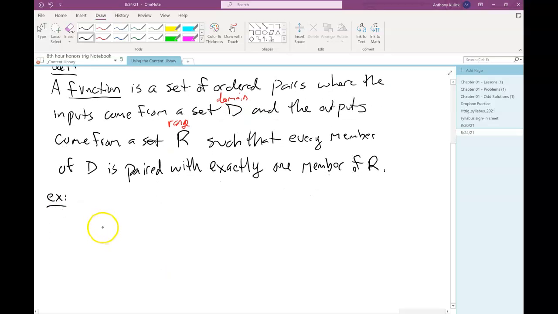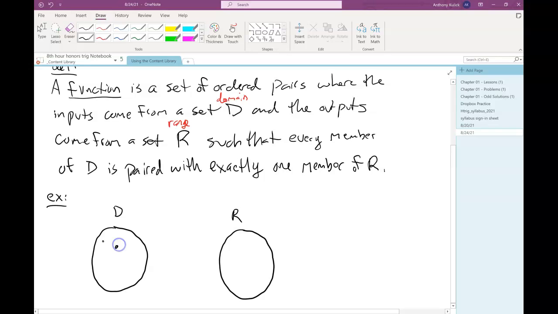So our first representation we'll talk about is the mapping diagram. So the mapping diagram, we have two circles or ovals, and then we'll put a dot for each of the members of those sets. So I'm going to just be general and call them x1, x2, x3, and y1, y2, y3, but they would be numbers.